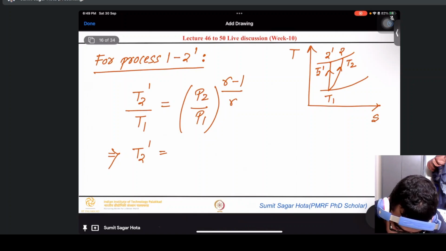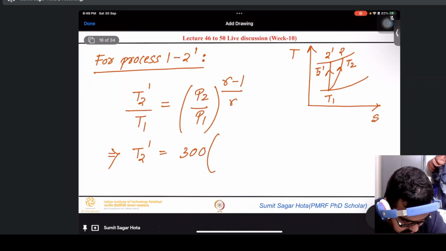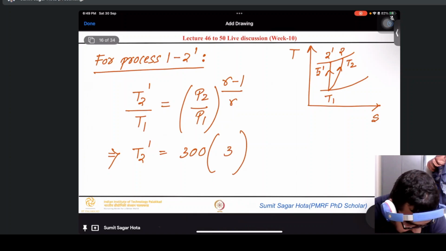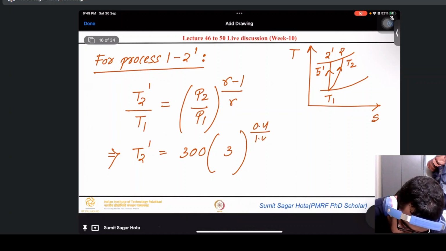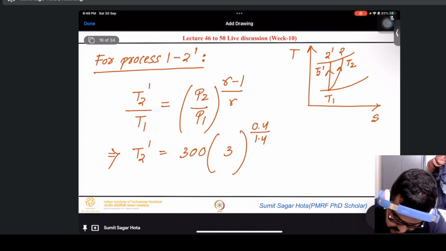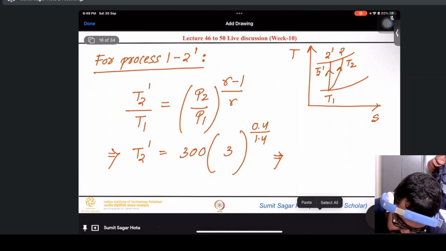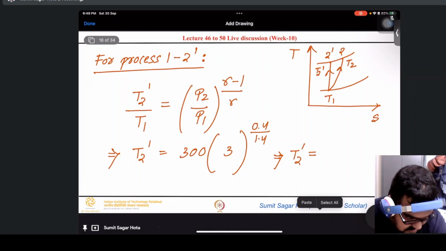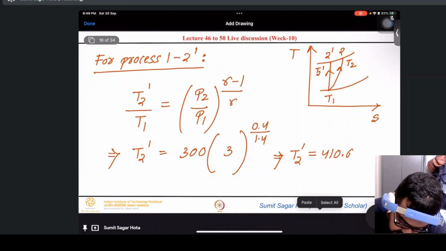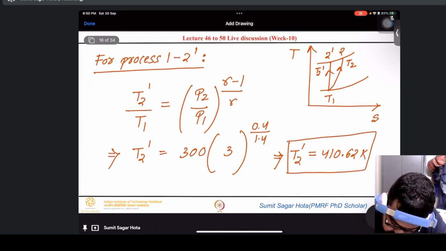T2 dash is equal to 300 into P2 by P1, which you already know is 3, to the power 0.4 by 1.4, since gamma is 1.4. If you solve, you will get T2 dash as 410.62 Kelvin. It's done.